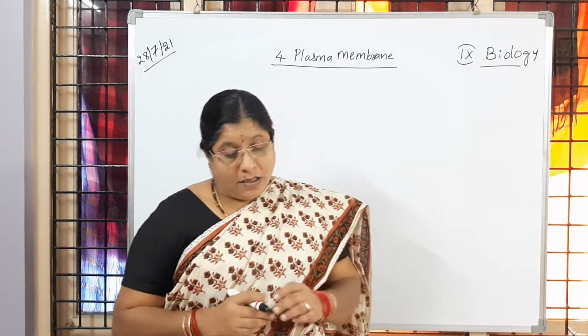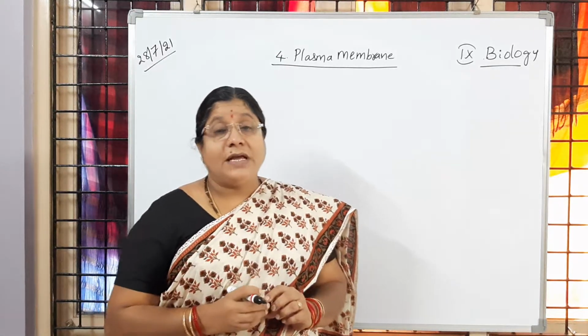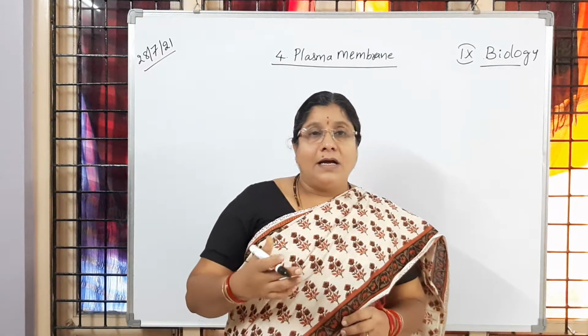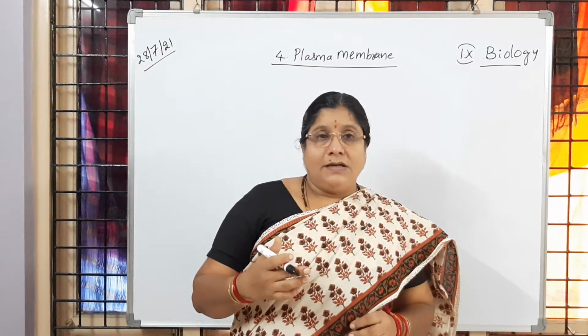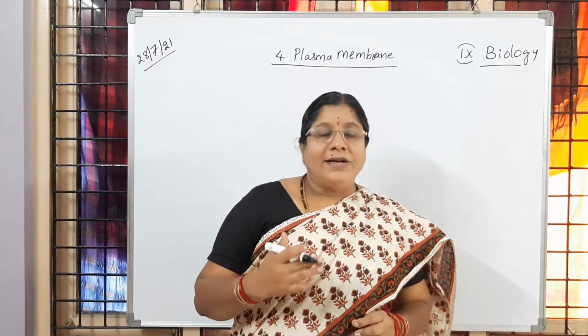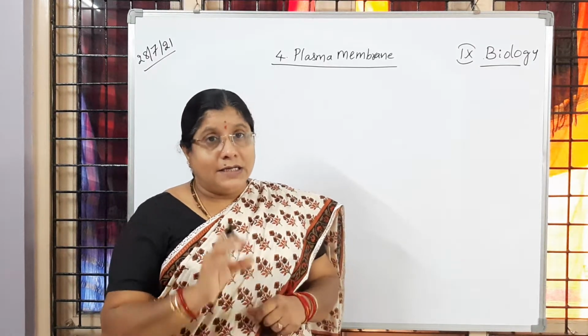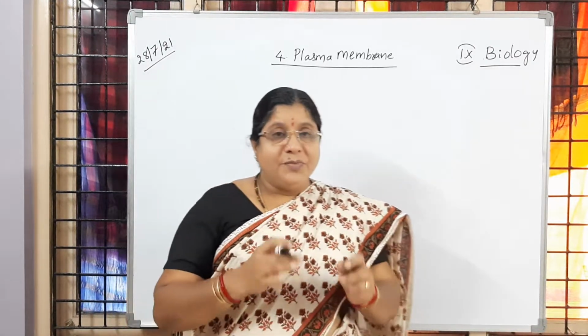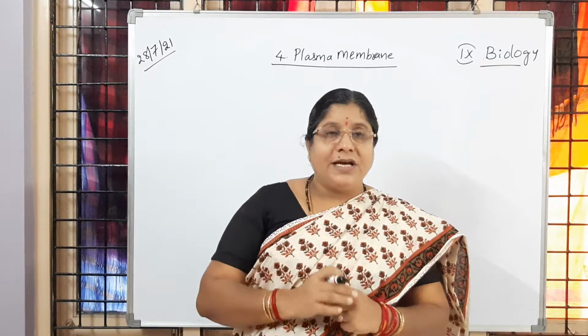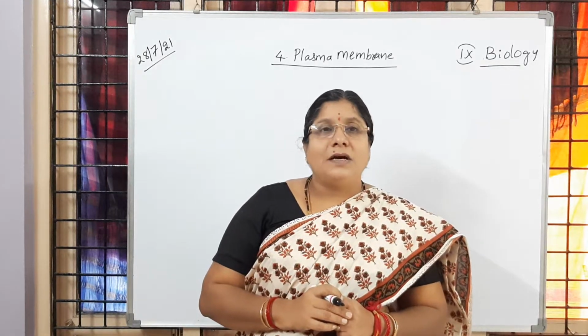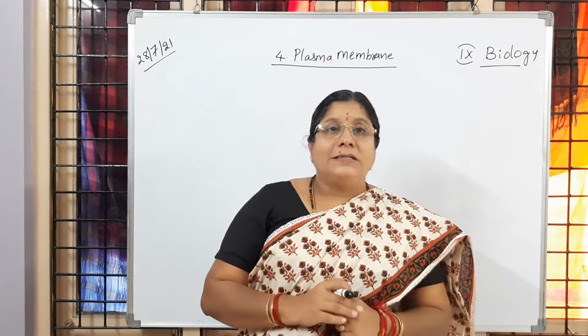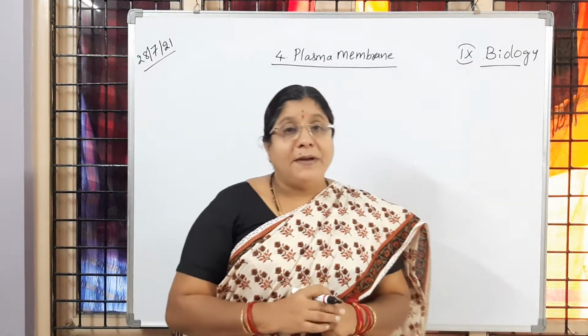Now you know that any flexible, living cells, like an egg or an onion peel, whichever is covered after removing the eggshell, whatever that layer we are getting, all these are called cell membranes.